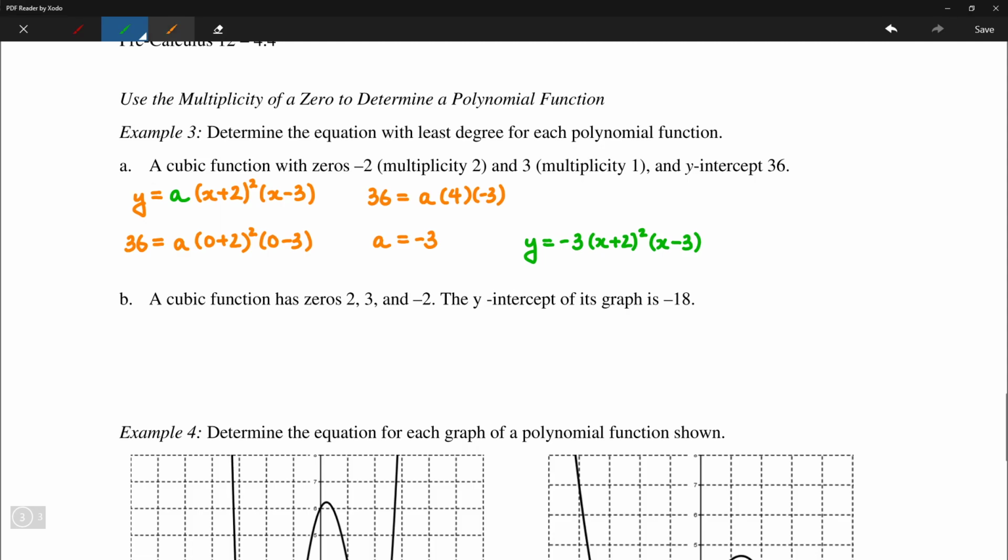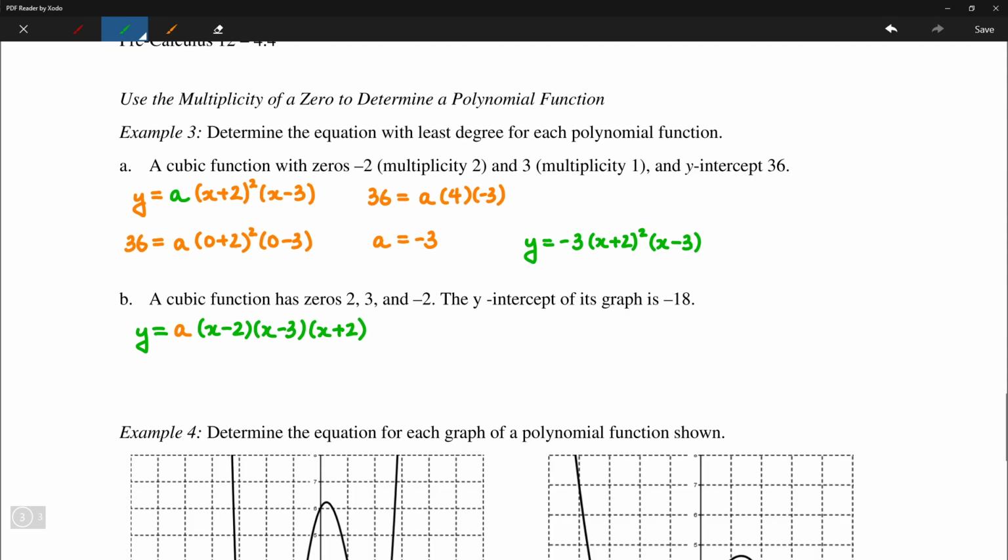Second example, kind of the same thing. A cubic function has zeros 2, 3, and -2. The y-intercept of its graph is -18. So same kind of thing. So y is equal to a, and I'll alternate the colors here. And then the three zeros are x minus 2, x minus 3, and of course x plus 2.